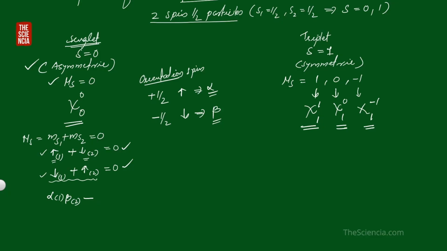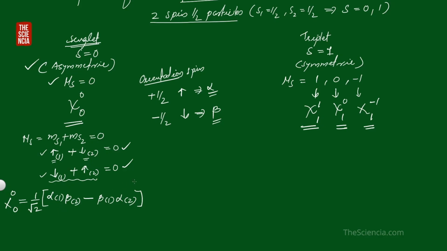So the first particle is in spin down state, that is beta of 1, and the second particle is in the spin up state, that is alpha, the particle number is 2. See, this is not a normalized wave function. So we have to normalize. That is, the number of terms in this wave function is 2. Therefore, 1 by root 2. And this wave function is represented by chi 0, 0. That is the wave function corresponding to the singlet state.